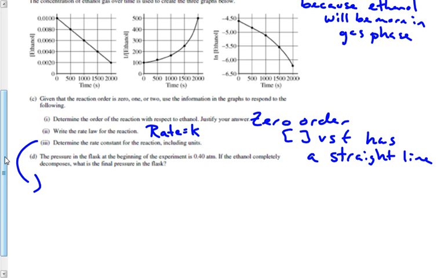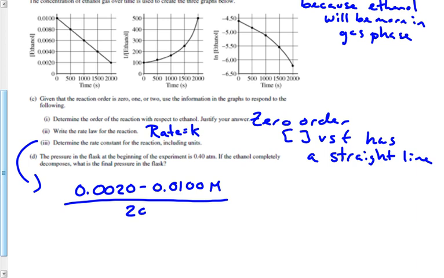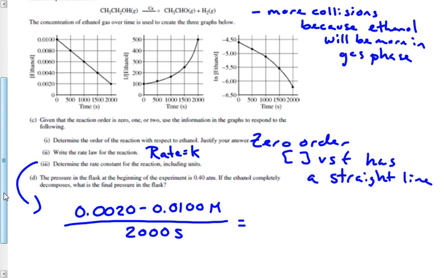You pick any numbers you like. But by doing that, you should get the right units. Doesn't really matter as long as it's positive at the end.